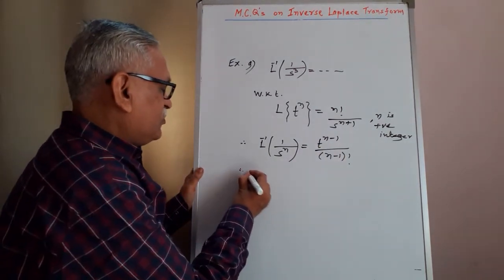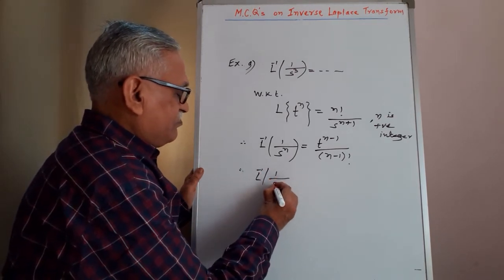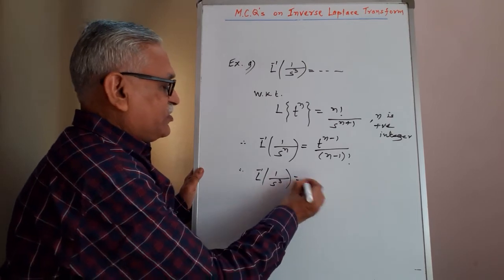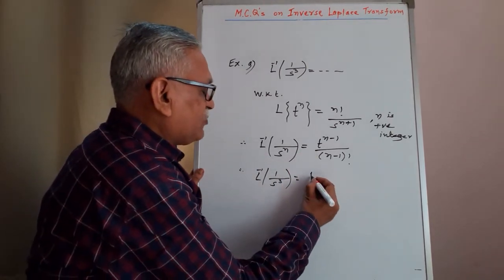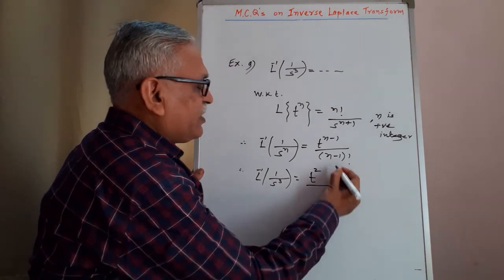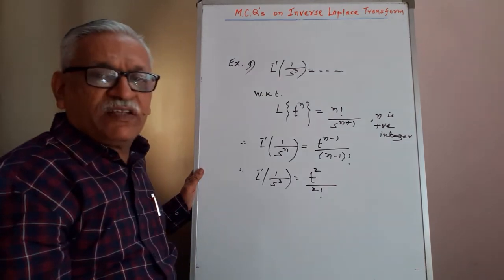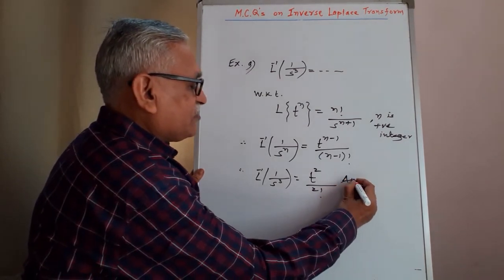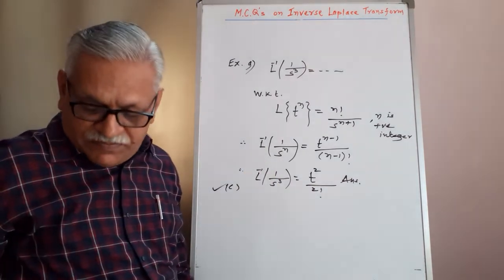Therefore we get inverse Laplace of 1 by s cube, substituting n as 3, t raised to 3 minus 1, we get t square divided by 2 factorial as the answer. Option C is the correct option.